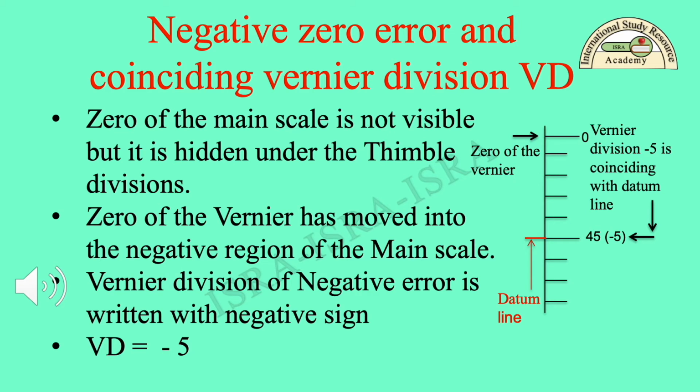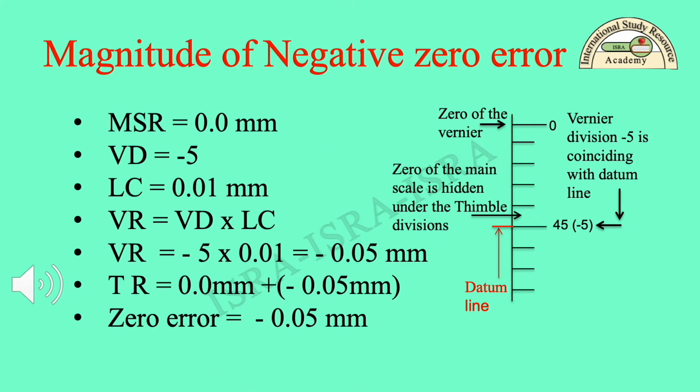Now you will learn a process to find the magnitude of this error. Magnitude of negative zero error. Look at the diagram. MSR, main scale reading, equal to 0.0 mm. Vernier division VD is equal to -5. Least count LC is equal to 0.01 mm. Vernier reading VR is equal to VD times LC.